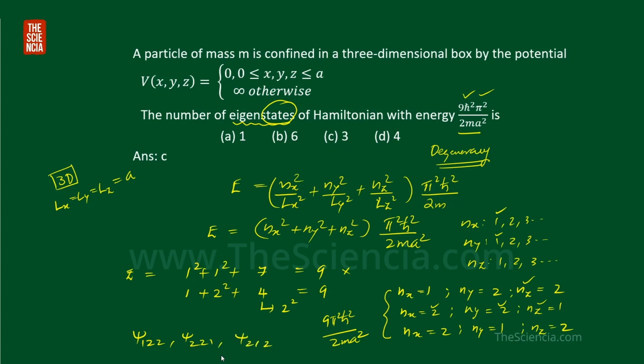All these 3 states have the same energy 9 pi square h square by 2ma square. That means the number of eigenstates of the Hamiltonian with this energy is 3. That is answer C.